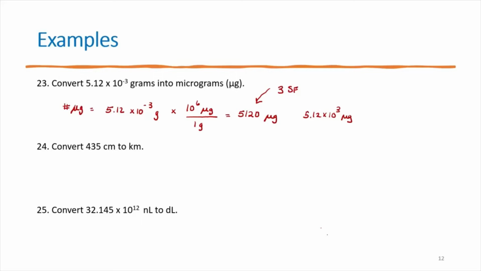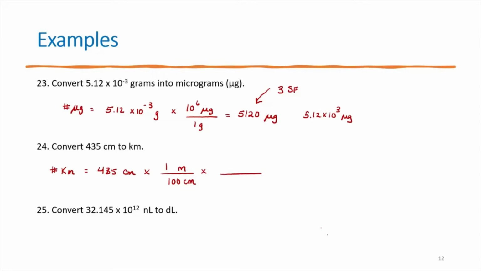Convert 435 centimeters to kilometers. So number of kilometers is equal to 435 centimeters. Again, some of you may know the conversion straight to kilometers. That's totally fine. I always convert through base units because it's the only conversions I personally have memorized. So my base unit is meter. I know 1 meter contains 100 centimeters.